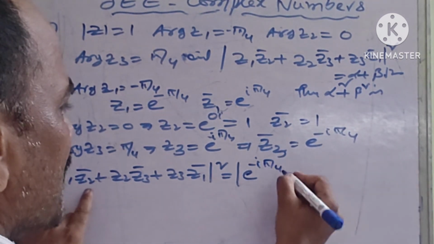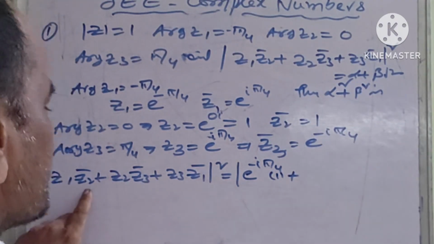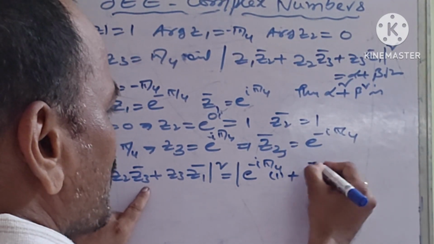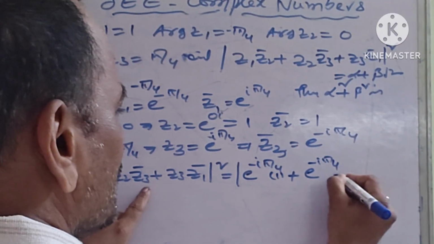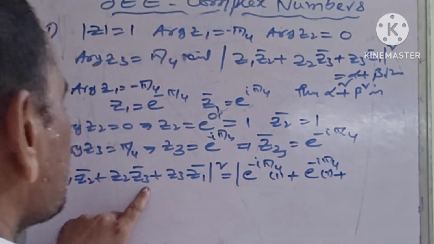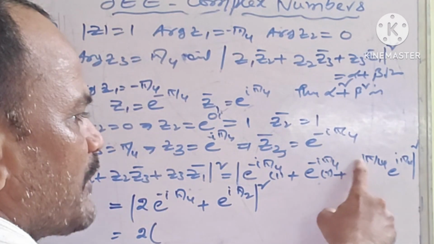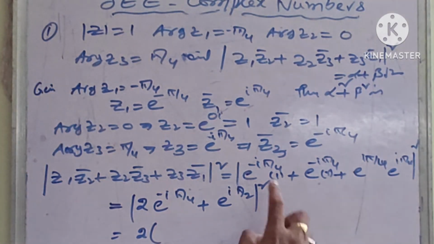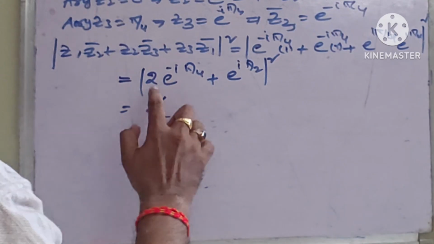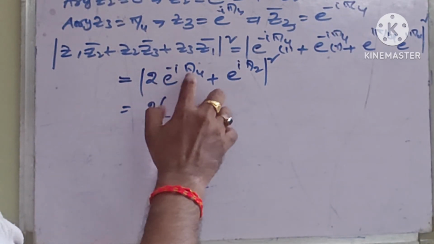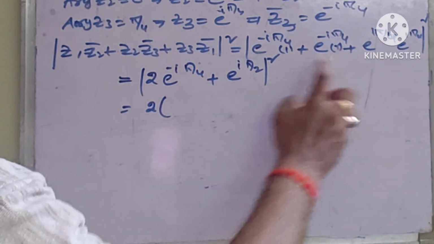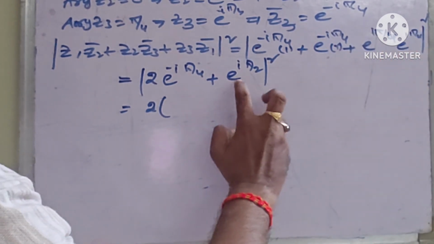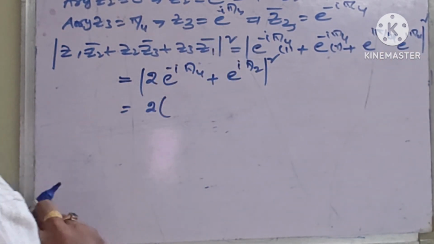So Z2 bar, that is 1, plus Z2 is equal to 1, Z3 bar e power minus i pi by 4 into 1. Z3 e power i pi by 4, e power i pi by 4 whole square. So here this is modulus of 2 e power minus i pi by 4 plus, here these two add, a power n into a power n is equal to a power n plus n, e power i pi by 2.